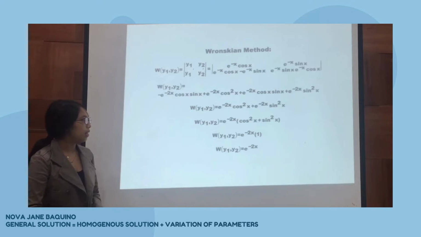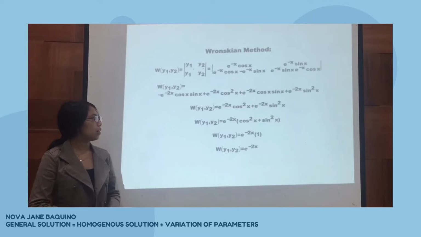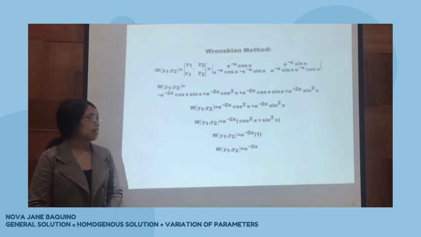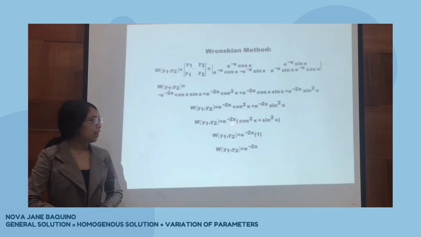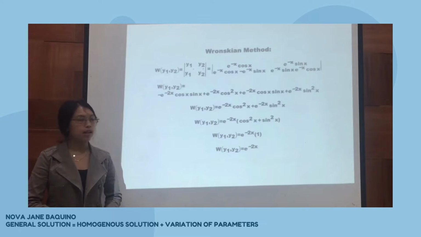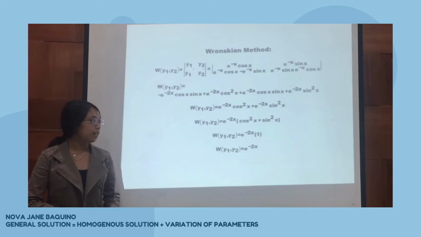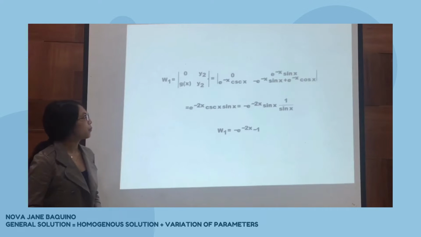So we already eliminated terms, and the value is e to the negative 2x cosine squared x plus e to the negative 2x sine squared x. So we have e to the negative 2x times the quantity of cosine squared x plus sine squared x, which is e to the negative 2x multiplied by 1. So the result is e to the negative 2x.